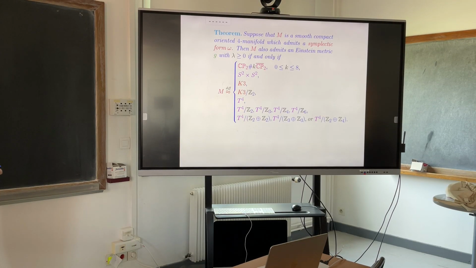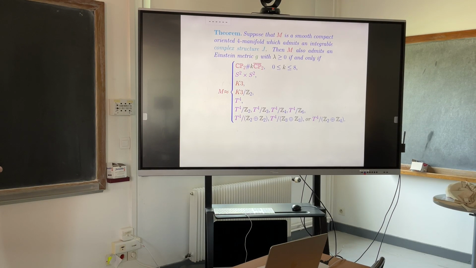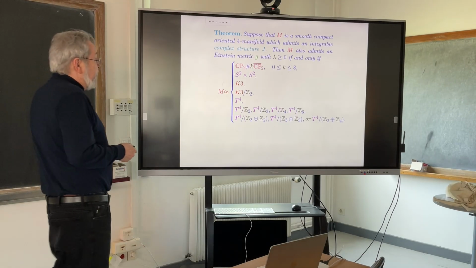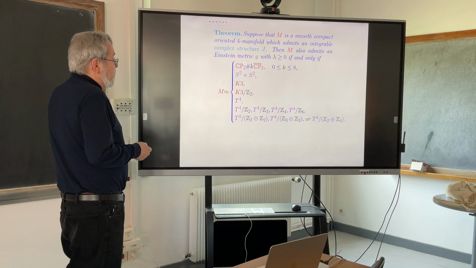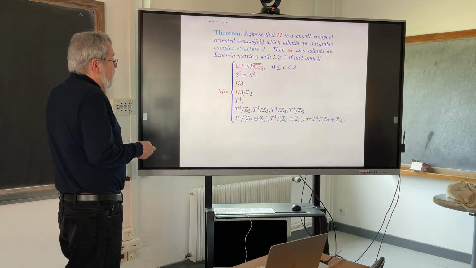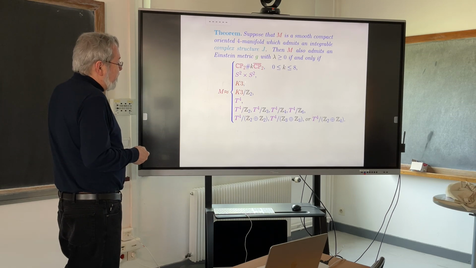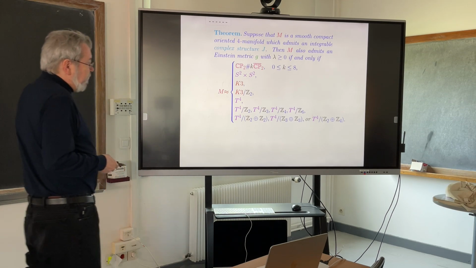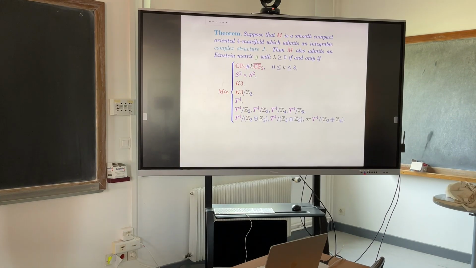But it's more classical if you assume that you have a complex structure here, and it comes down to saying which complex surfaces could admit positive scalar curvature metrics, and if it doesn't admit positive scalar curvature, but it admits zero, well, you get into these realms.